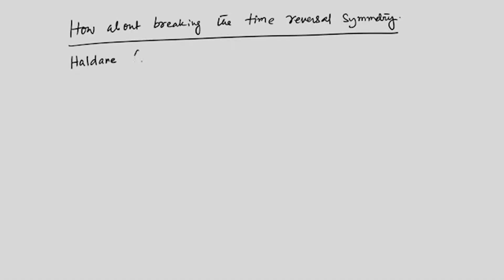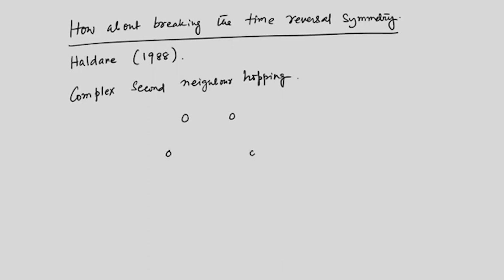However, Duncan Haldane, in a paper in 1988, a Physical Review Letters paper, talked about a complex second neighbor hopping. Okay. What is a complex second neighbor hopping? So, he considered this graphene unit cell once again, and so these are the carbon atoms.